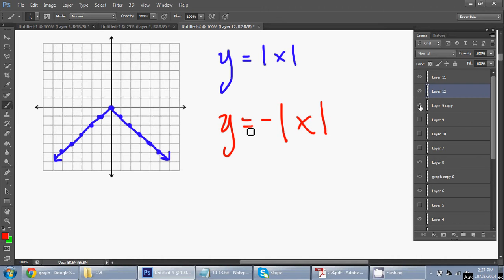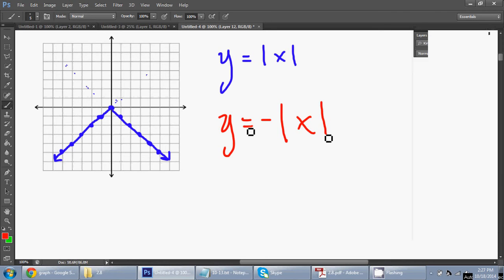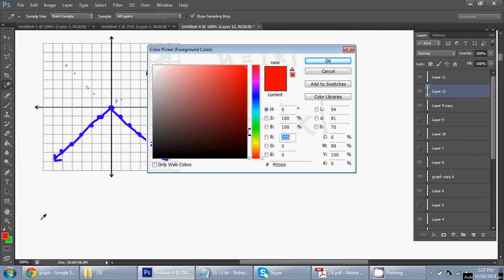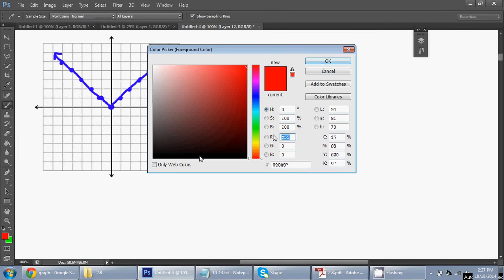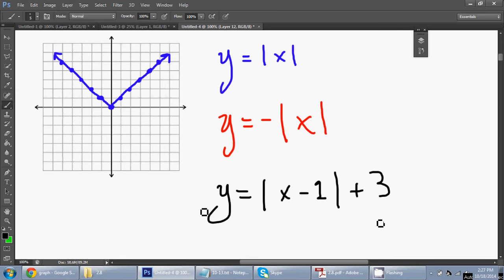But most variations you see are not going to be that easy. Oftentimes you'll see functions that have absolute value in this format. For example, y is equal to the absolute value of x minus 1, plus 3. So you get them in this format, which has some more numbers in it, and there's actually a formula that represents this format.